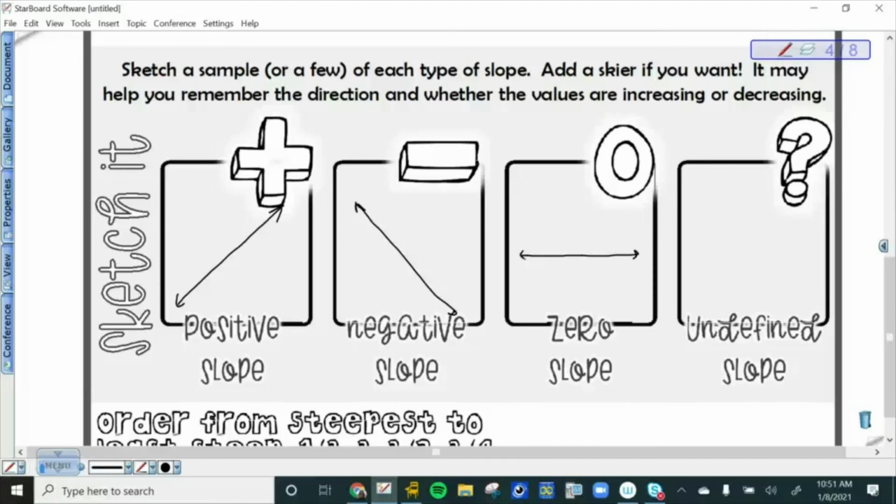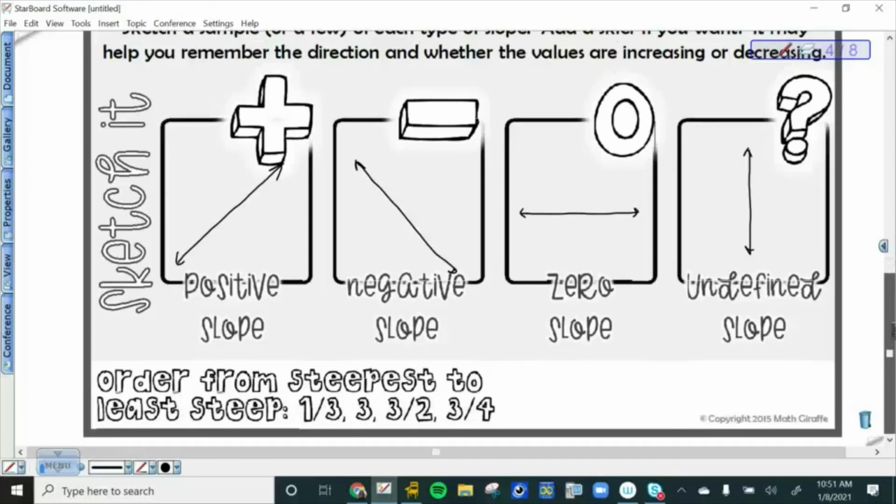What's an undefined slope? Vertical, yeah. So I have this little guy over here, Mr. Slope Guy. You can draw this down, write this down too, because this is helpful. You can draw a person, a face. A positive slope is going to go up from left to right.